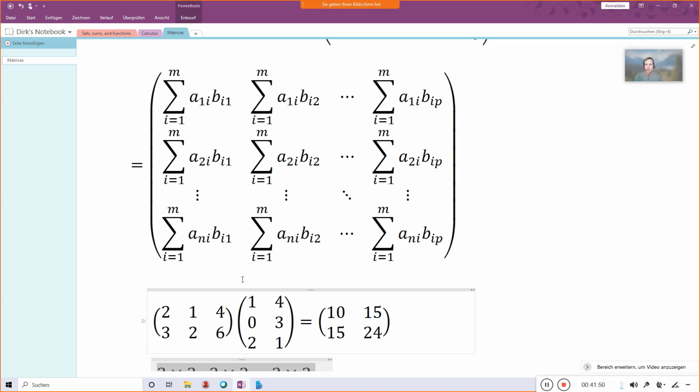In math, the magic of matrix multiplication kicks in because you can write every linear transformation, every linear mapping between arbitrary vector spaces, as a matrix multiplication. So it's kind of a reference way of computing linear transformations.